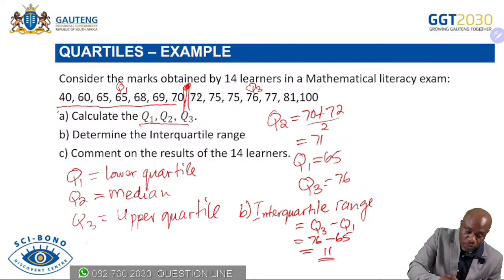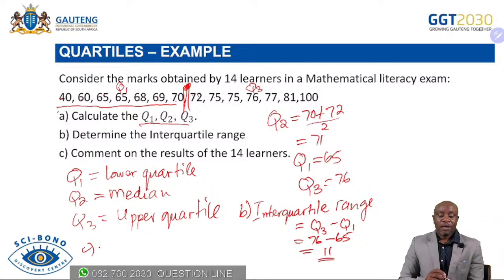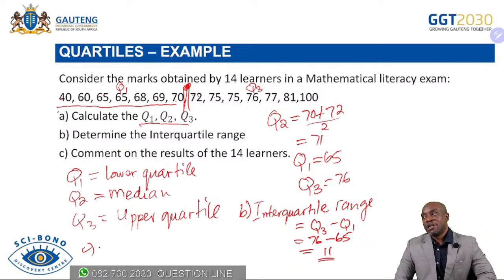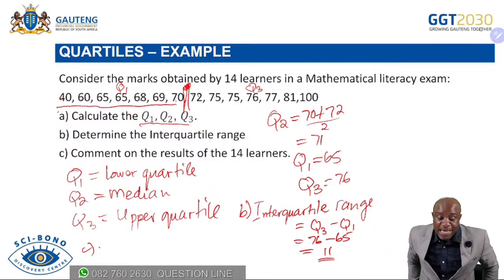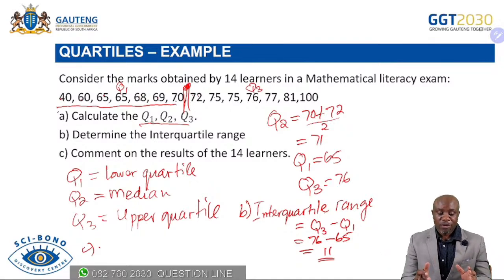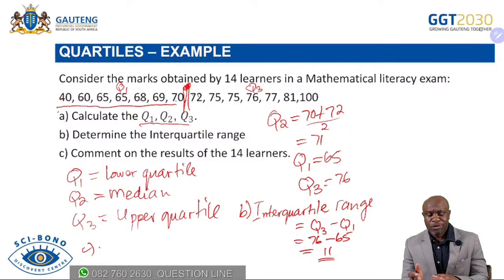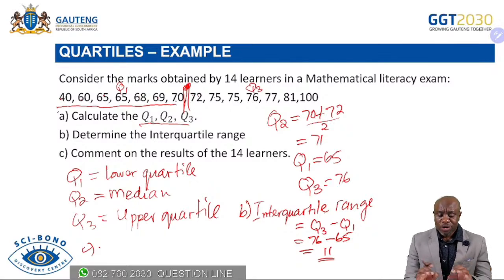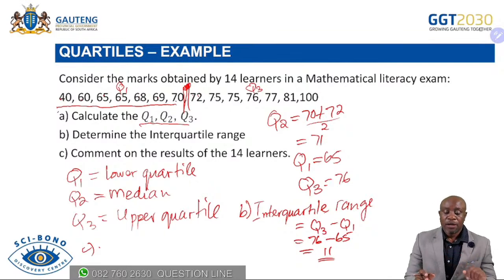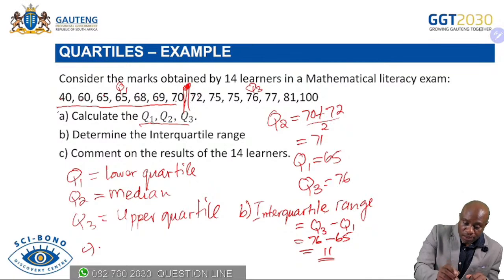So if somebody were to ask you to comment on the results of the 14 learners, there's numerous comments that you can come up with, a lot. So you can talk about Q1, you can talk about Q2, you can talk about Q3, you can talk about the interquartile range. I'm just going to pick on one and hope that you will do the rest. I'll pick on the Q1. So what does that mean?